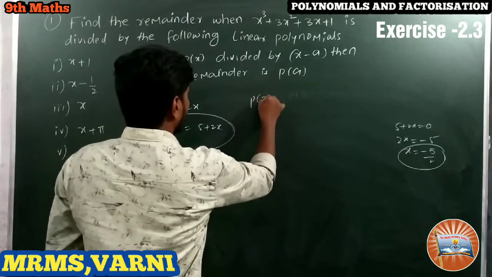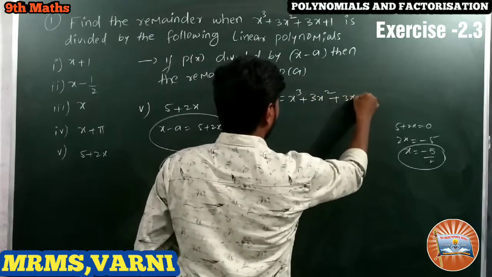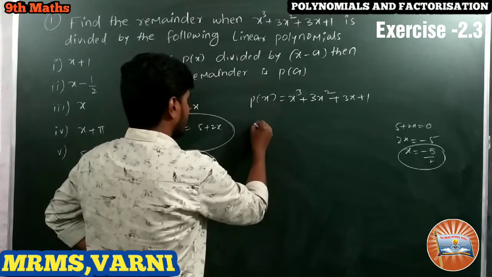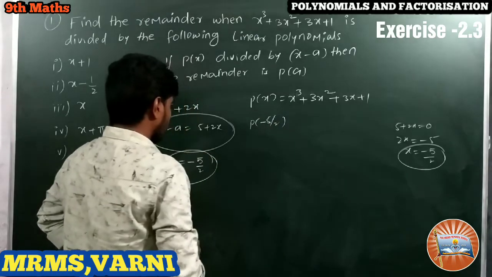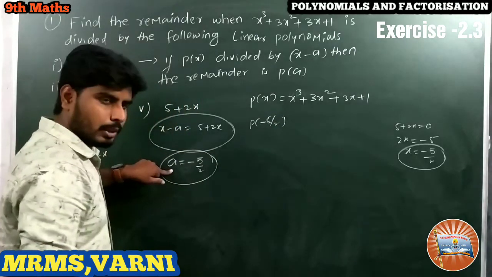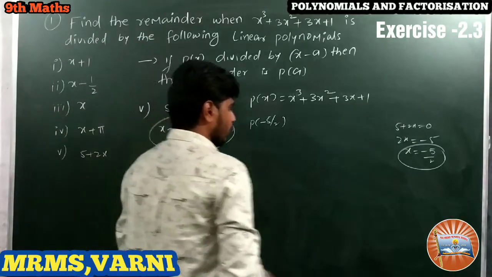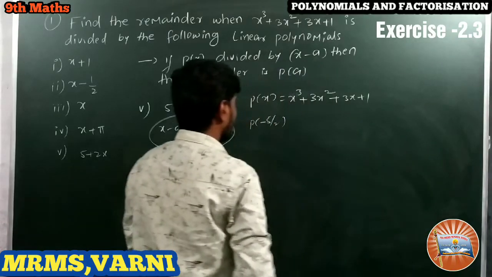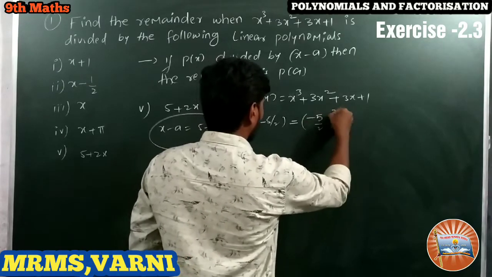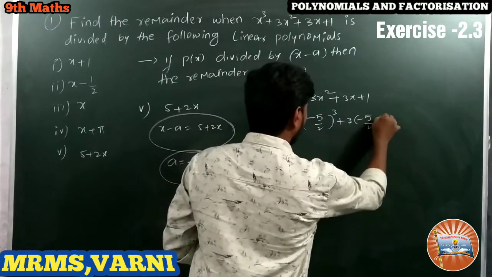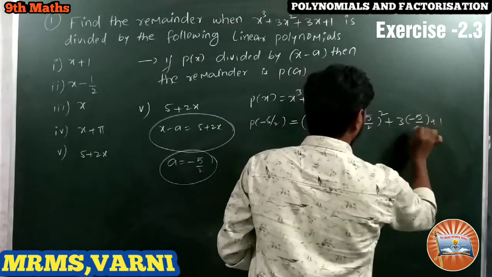p of x is equal to x cube plus 3x square plus 3x plus 1. Now p of minus 5 by 2. This is also x, this is also x. I am just replacing x with minus 5 by 2. Minus 5 by 2 whole cube plus 3 into minus 5 by 2 whole square plus 3 into minus 5 by 2 plus 1.